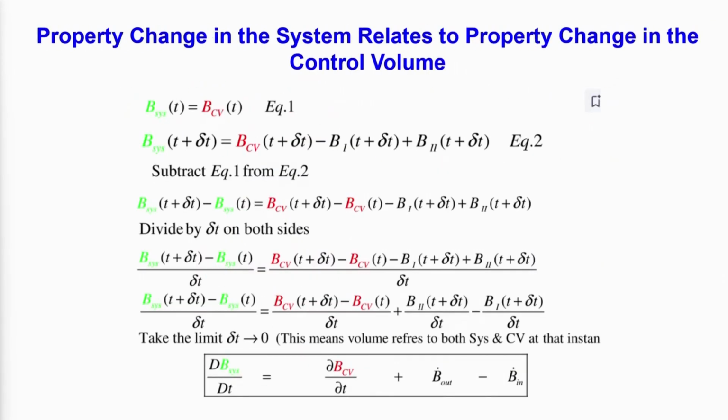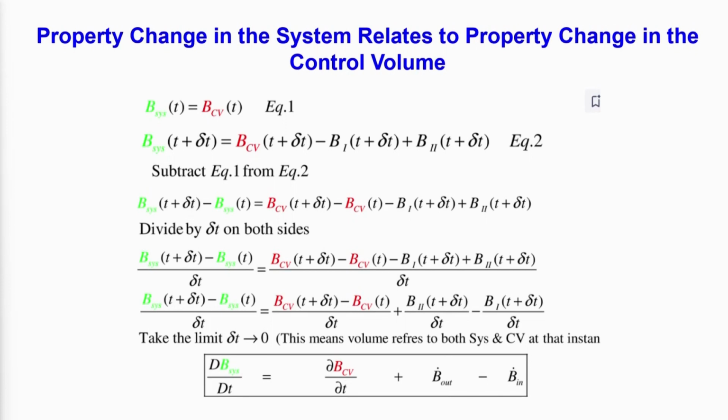What we are trying to do is to see the change in property in the system, how it relates to a change in property in the control volume. So, the property of the system at time t is same as that in the control volume. At time t plus delta t we have just seen equation 2. So, you subtract these two and this will give you the change in property of the system.